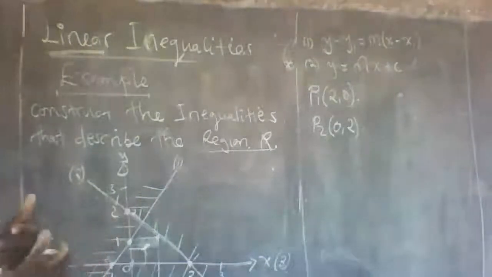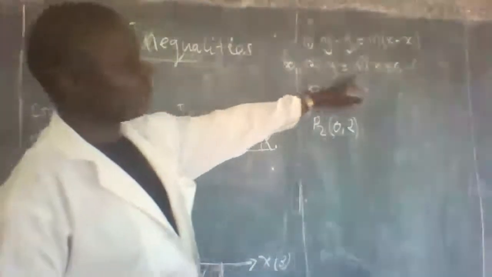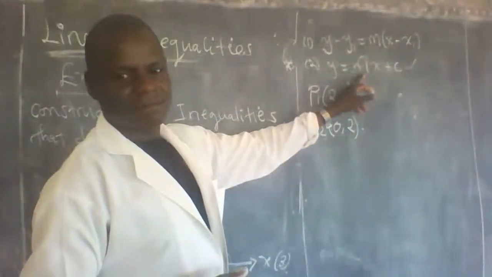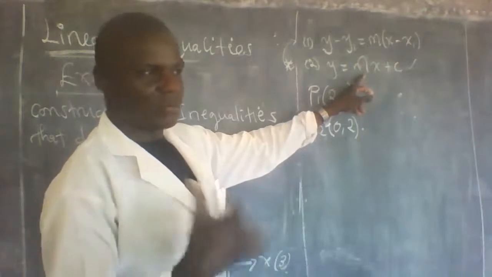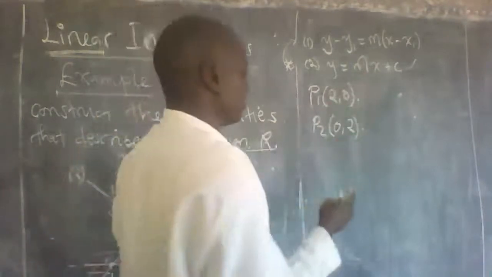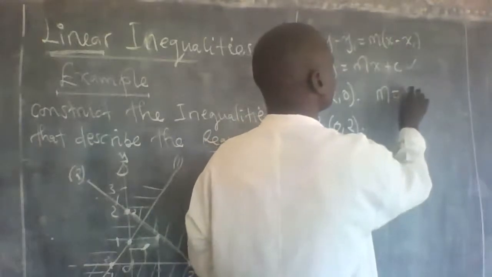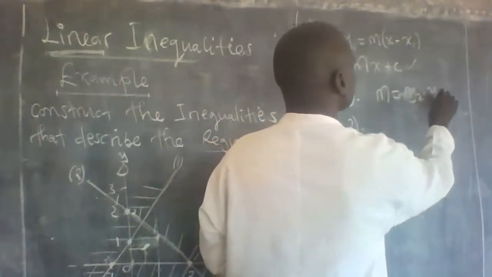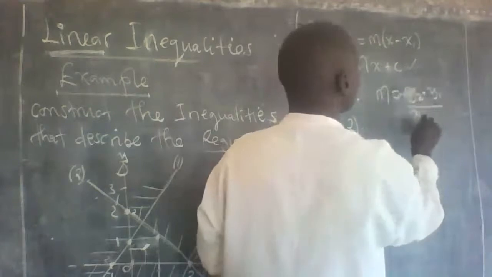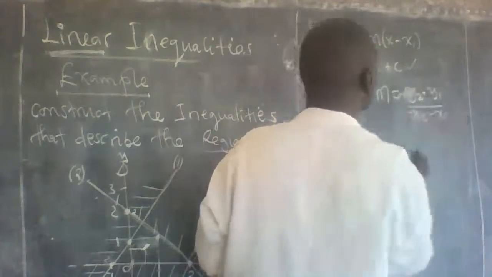I have identified the points, so I can find the gradient. It's very simple. Be positive in the way you are doing things. So my gradient is equal to y2 minus y1 over x2 minus x1.